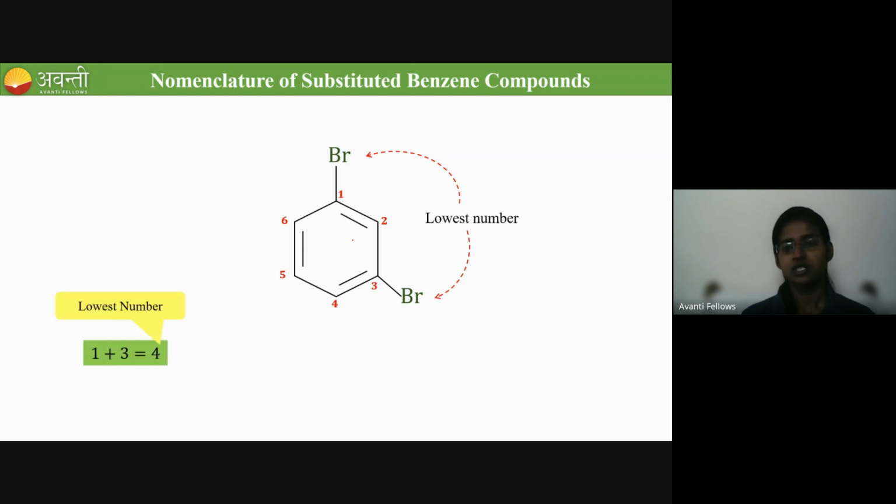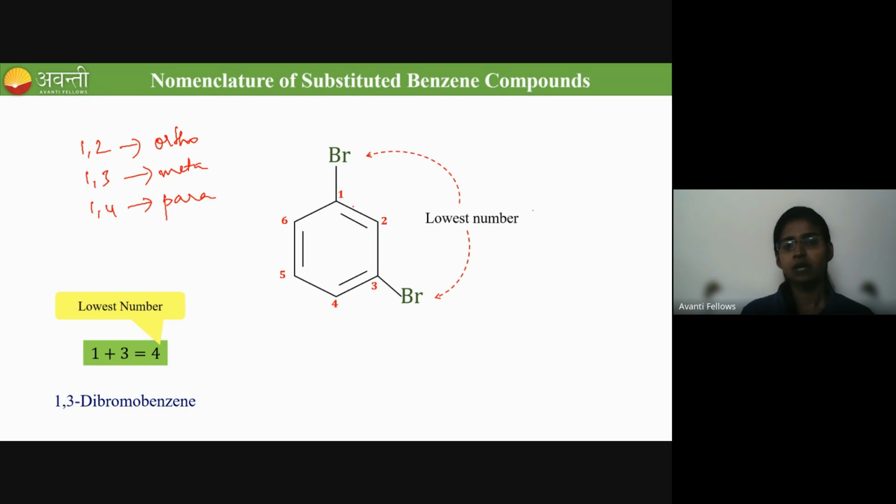If two substituents are in the opposite position, it is para. If they are in the adjacent position, it is ortho. That is, if they are in the 1,2 position, it is ortho. If they are in the 1,3 position, it is meta. And if they are in the 1,4 position, it is para.